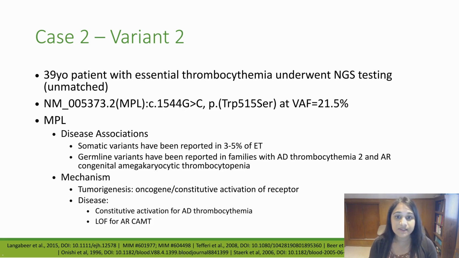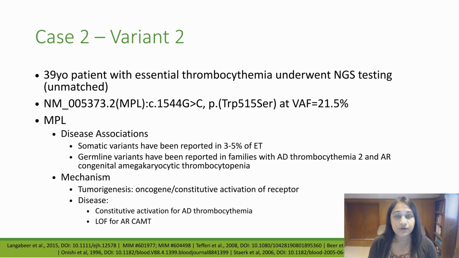The next variant we'll discuss was identified in a 39-year-old patient who had essential thrombocythemia. In this patient sample, the W515S missense variant was detected in MPL. The MPL gene encodes a receptor for the thrombopoietin ligand and regulates proliferation and differentiation of megakaryocytes and platelets.